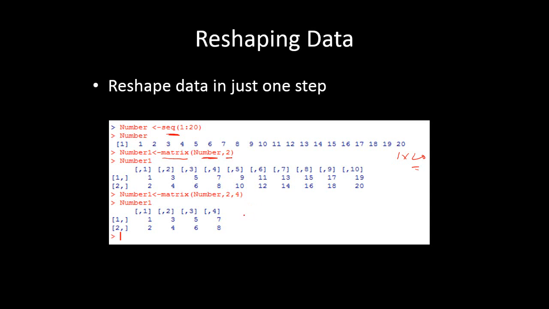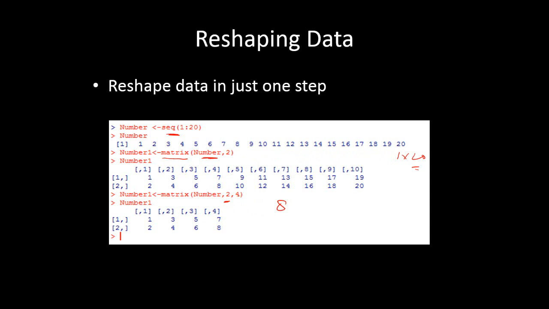We can also define how many rows and how many columns are to be there, right? So ensure that all the numbers get accommodated in the rows. So I've used 2 rows and 4 columns. Now using 2 rows and 4 columns, you cannot have all the 20 numbers. Maximum you can have is 8 numbers.